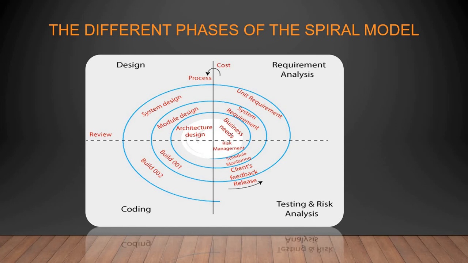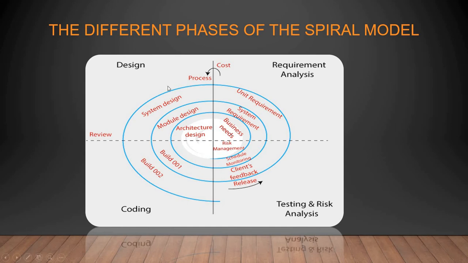In this stage, the following spiral will include the documentation of system requirements, unit requirements, and the subsystem needs. In this stage, we can easily understand the system requirements because the business analyst and the client have constant communication, and once the cycle is completed, the application will be deployed in the market.